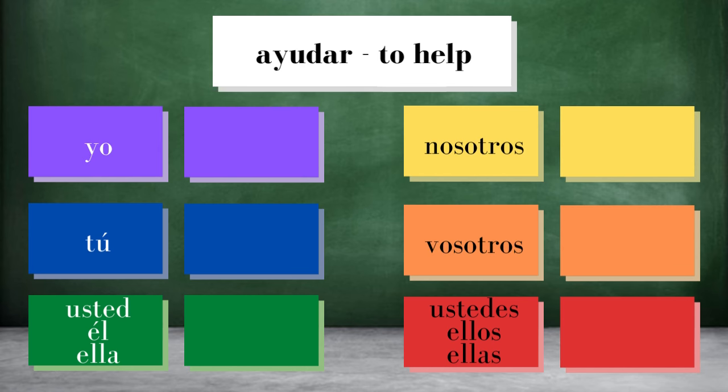Let's take a look at the verb ayudar, to help. How would you say I helped in the preterite tense? Ayudé. Muy bien. Did you remember to add the accent over the E? What about you helped?